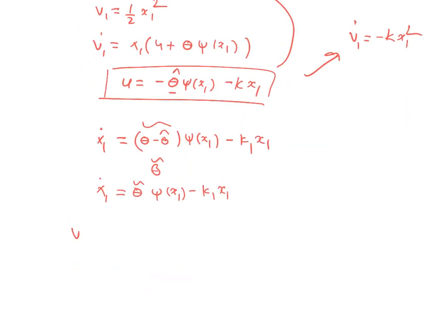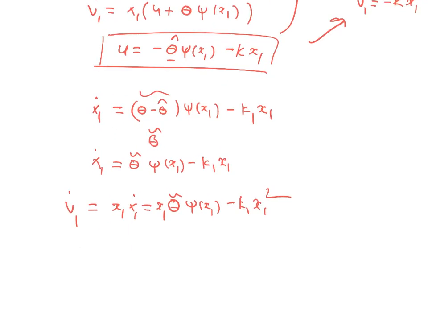And V1 dot becomes, if I plug in, x1 times x1 dot, which is equal to x1 theta bar phi of x1 minus k1 x1 squared, right? Now we want to get rid of this term, so we say V2 equals V1 plus half gamma theta bar squared.